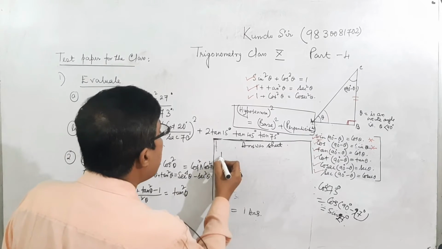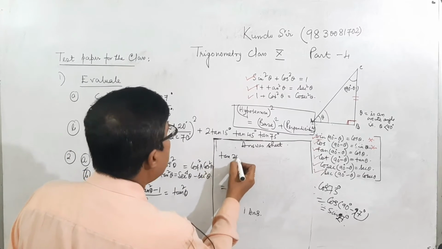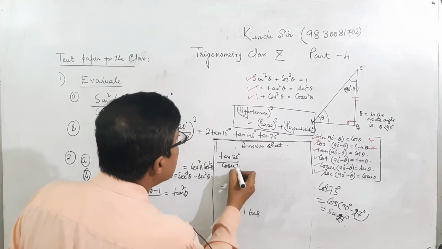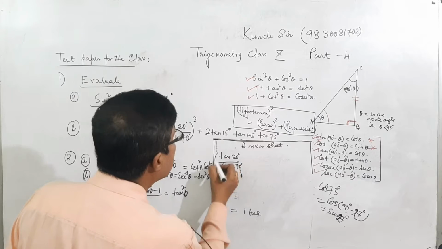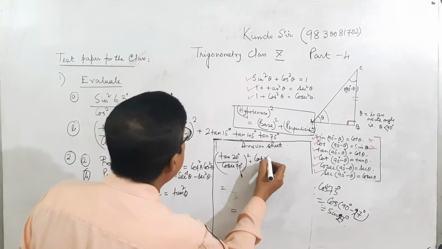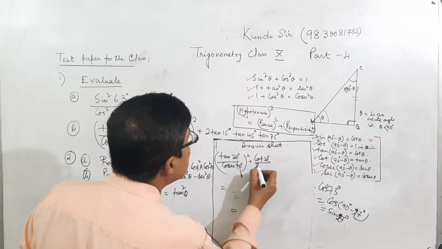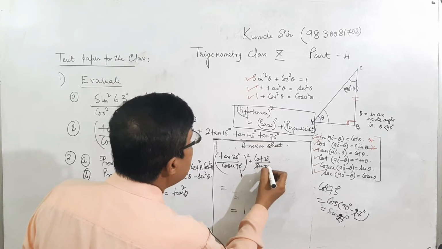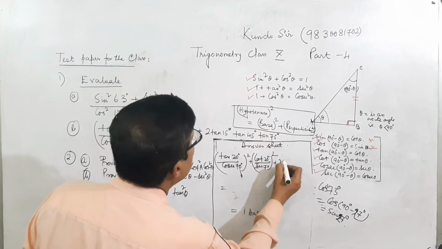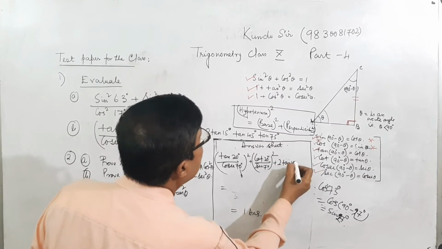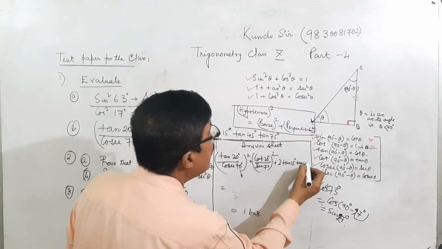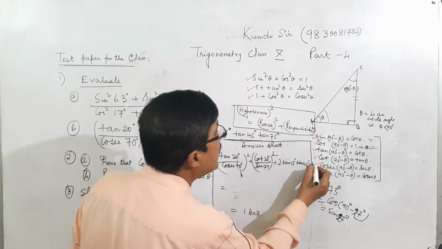So tan 20 degree upon cosec 70 degree whole square plus cot 20 degree upon sec 70 degree whole square plus 2 tan 15 degree into tan 45 degree into tan 75 degree.